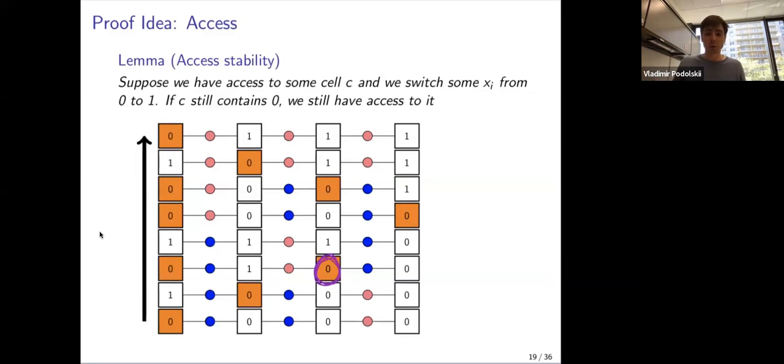So basically, there are two possible outcomes. Either this particular cell switches to 1, or it doesn't, and then we still have access to it. That's what I would like to say.